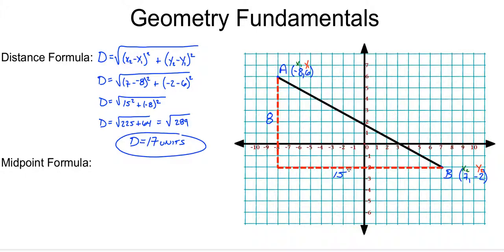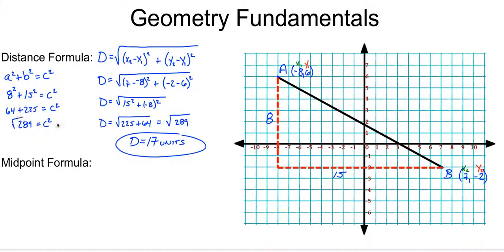And if I use Pythagorean theorem, which hopefully you all know is a squared plus b squared equals c squared, that means I'm just going to get 8 squared plus 15 squared is equal to c squared. And if I do this out, I'm going to get the same thing. 64 plus 225 equals c squared. So I get 289 is equal to c squared.